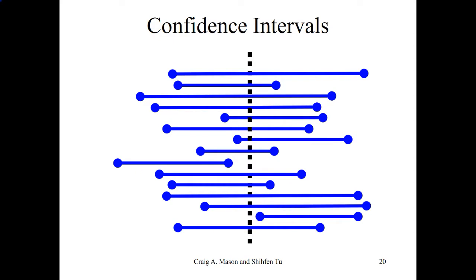Again, if we collected an infinite number of samples, 95% of the time, the 95% confidence interval someone calculated based on each of those samples would contain or overlap the true value. But 5% of the time, it would not. 5% of the time, the actual population value would be outside this range.